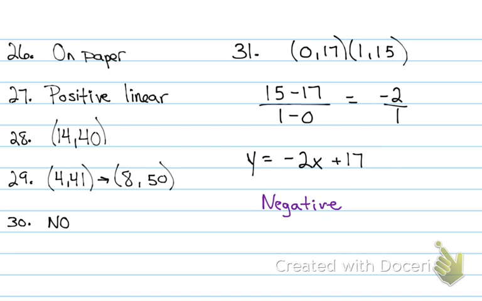So this is what it means: 0 minutes after 12 o'clock noon, there should be about 17 customers in line. You see that? Where the line crosses the y-axis, my x value is 0. So at 0 minutes after noon, there will be about 17 customers in line.